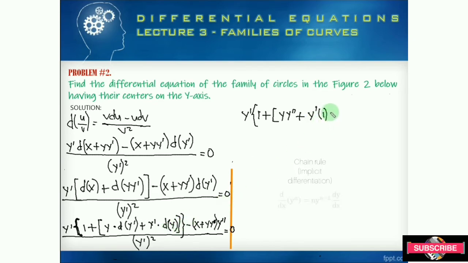So that is why we have here y prime. So you're going to multiply this y prime times the derivative of your y. So y prime here times the derivative of your y, which is 1, times the derivative of your y, since we are differentiating this variable y implicitly.